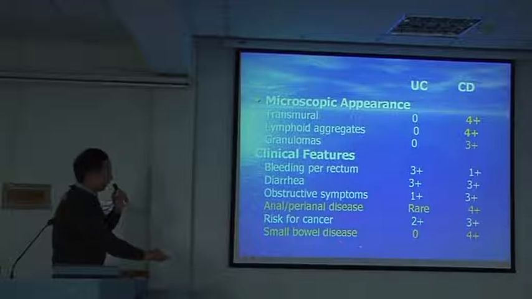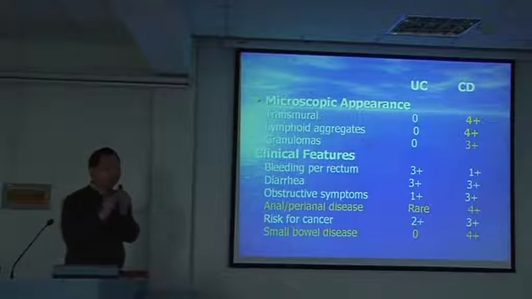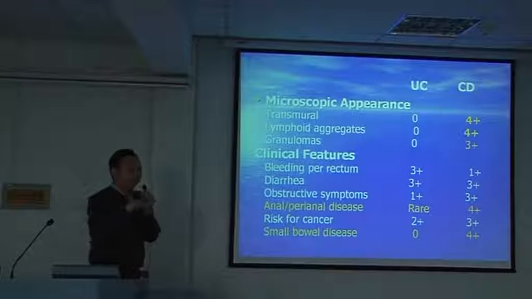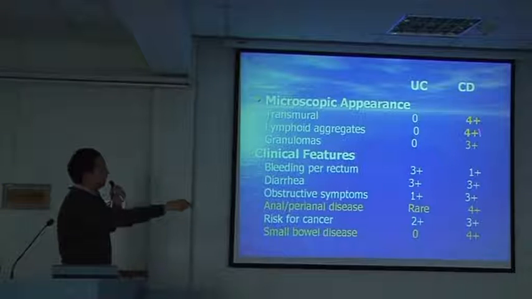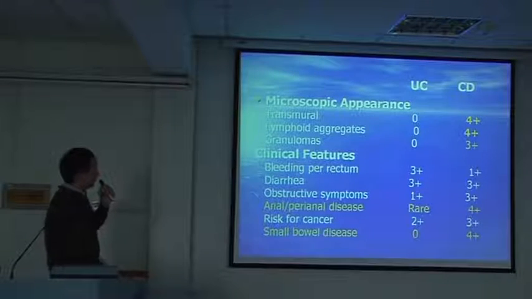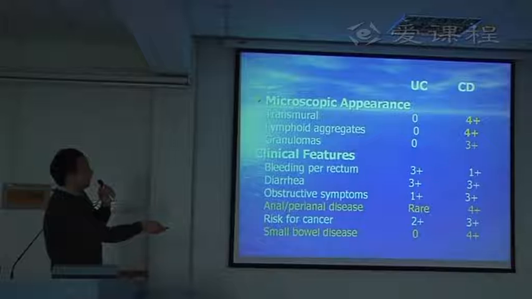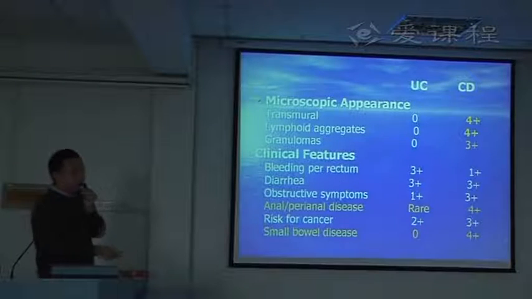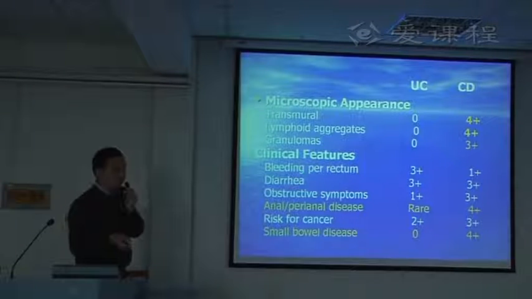Also small bowel disease: Crohn's disease is a pan-gastrointestinal disease, the whole gastrointestinal lumen may be involved. So small bowel disease is only present in Crohn's disease. Bleeding, diarrhea, I think no difference. And obstructive symptoms are more often in CD, but sometimes you can also see obstructive symptoms in ulcerative colitis. It's not so common, but you can see it.